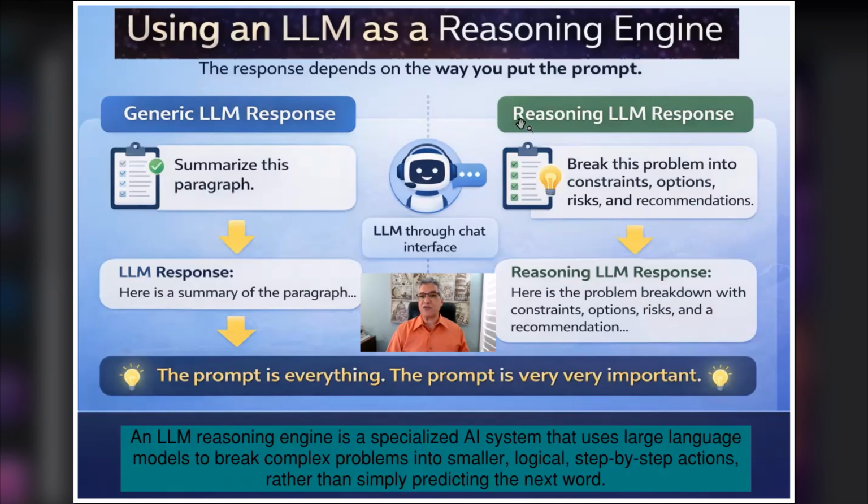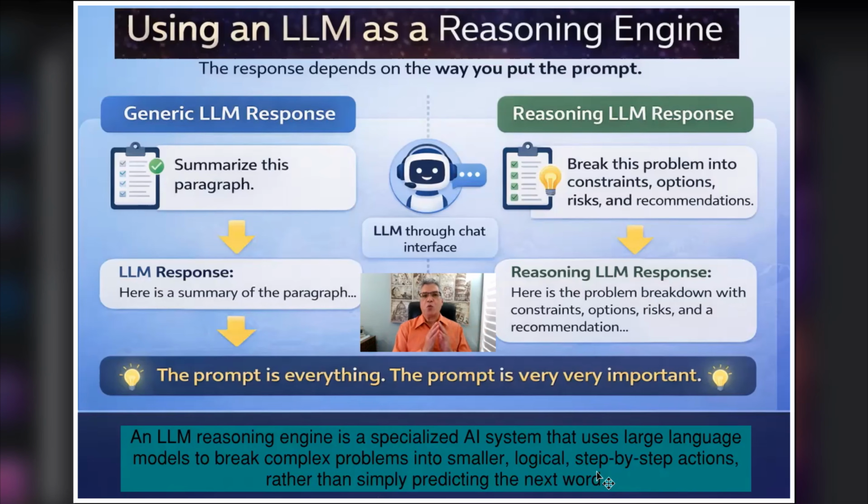But when it comes to the reasoning LLM response, if you provide a very good prompt, then the model itself will go through the LLM reasoning process. The LLM reasoning engine is a specialized AI system that uses a large language model to break a complex problem into smaller logical step-by-step actions, rather than simply predicting the next word. What does it mean?